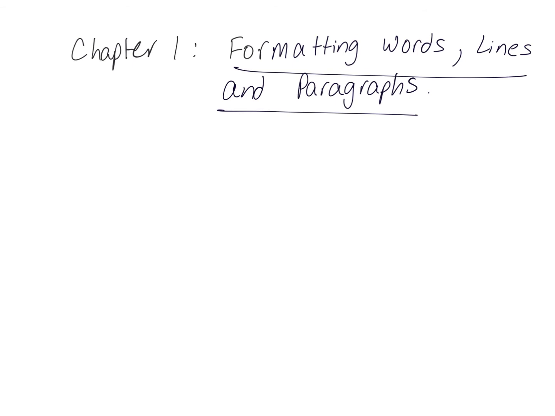Okay, so in this video we'll learn how to format words, lines, paragraphs, put it in a setting so that we can give it a title, we can put our name, the author's name, we can put a date, we can put a few items. So again, it's all about following the direction.